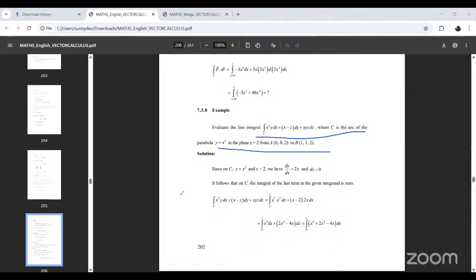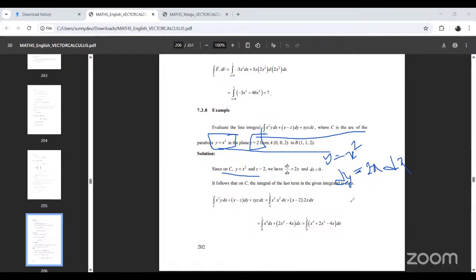Here the curve is the parabola y equal to x square and z equal to 2. So y equal to x square, and if you do the differentiation, it becomes dy equal to 2x dx.